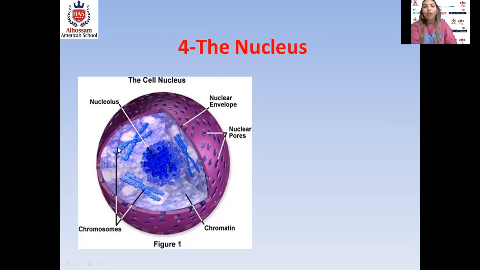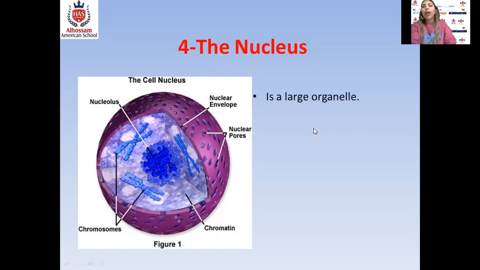Here we can find the chromosomes, which carry the genetic material or instructions of DNA. And we have chromatin, like threads. So this is the structure of the nucleus from outside and from inside.